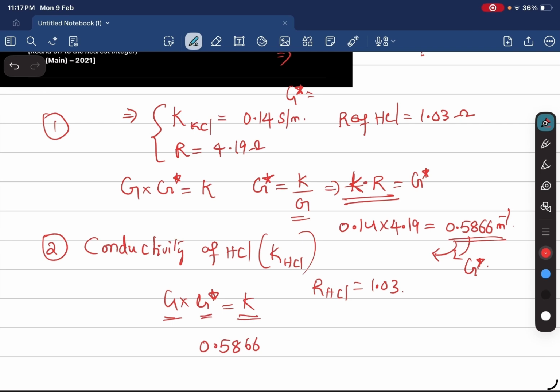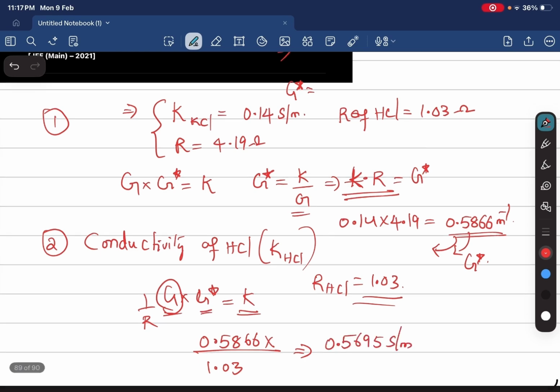That means G value we can write as 1 by R, so G star by R equals kappa. So this is 1.03. If you simplify this, you will get 0.5695 Siemens per meter.